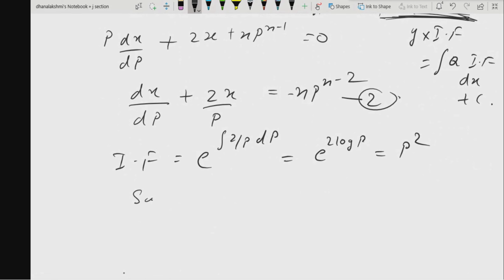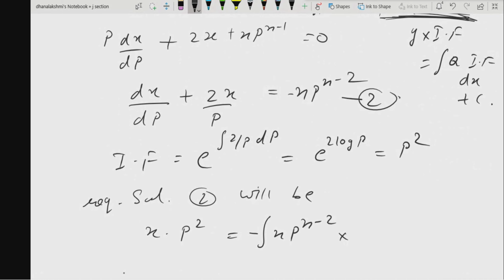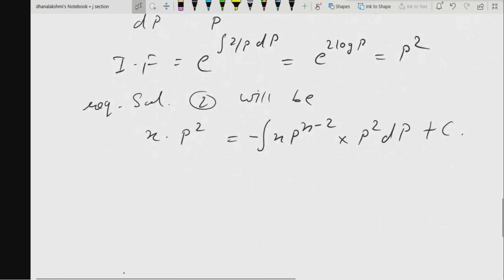So the required solution of 2 will be x into integrating factor is equal to integral Q, which is minus np to the power n minus 2, into integrating factor with respect to p plus some constant. Hope all of you are following what I'm writing. Yes, ma'am.